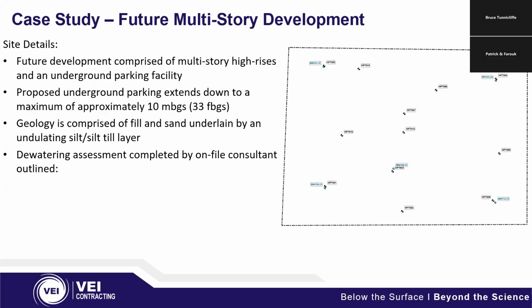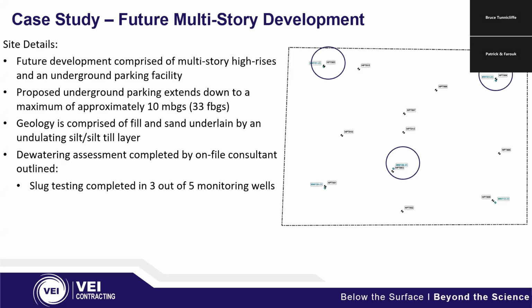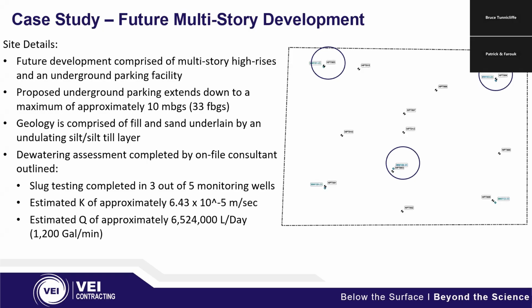A dewatering assessment was completed by an independent on-file consultant before we were involved. They had completed slug testing on 3 out of the 5 wells. They estimated K to be approximately 6.43 times 10 to the minus 5 meters per second. And that translated to an estimated Q of 6.5 million liters per day, or 1,200 gallons per minute.